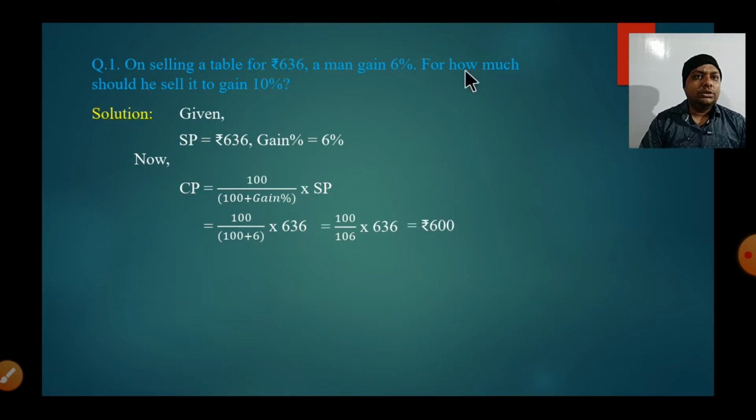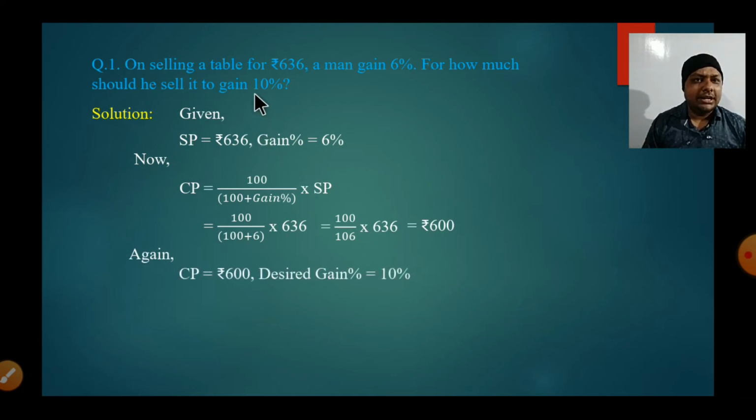The question asks for how much he should sell it to gain 10%. It means to gain 10% profit, at what value he has to sell this table. Now CP is 600 and the desired gain percent is 10%. We know the formula of SP: SP equals 100 plus gain percent by 100 into CP.